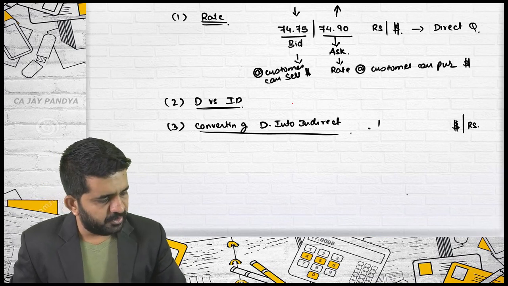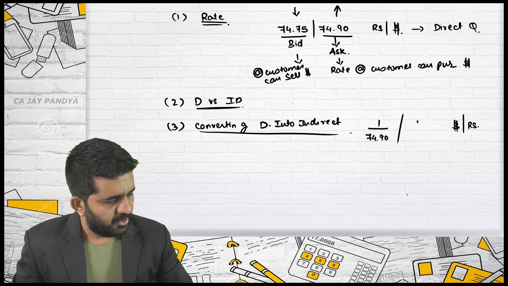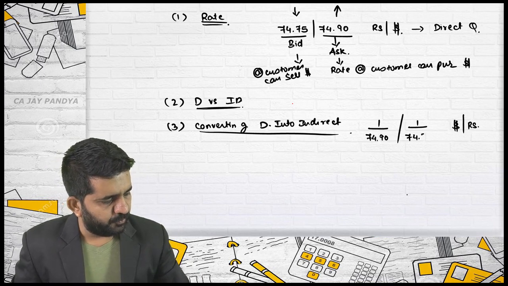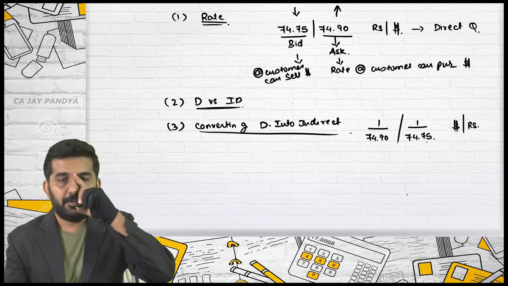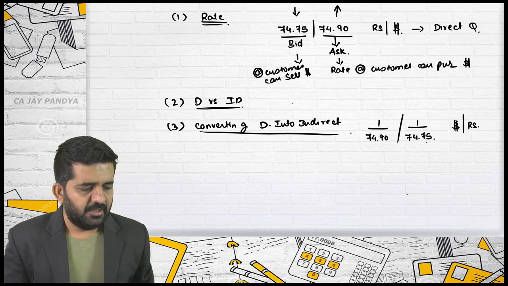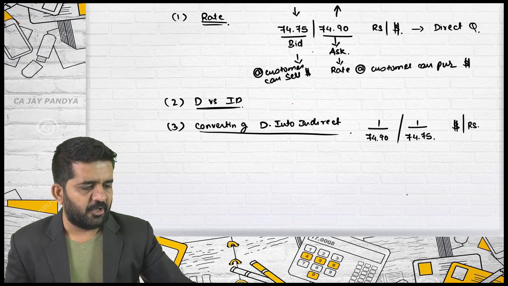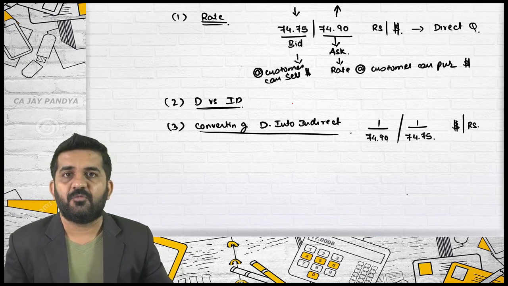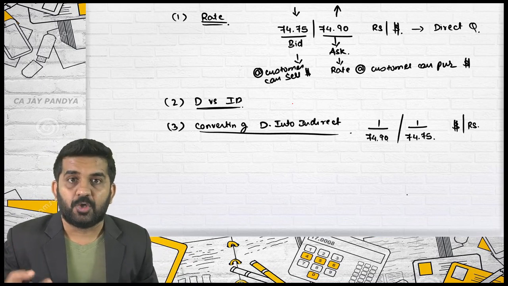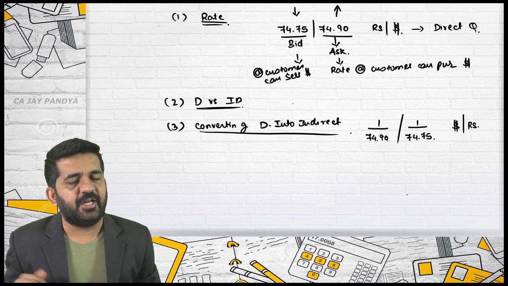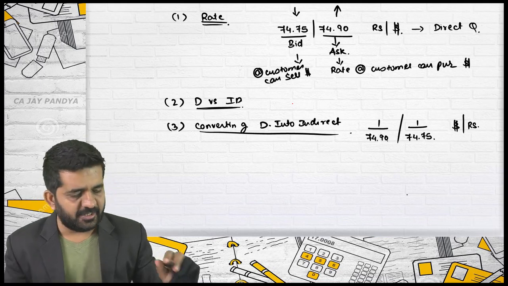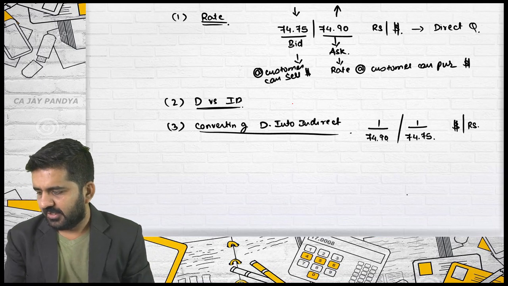And the quote will be 1 divided by 74.90 slash 1 divided by 74.75. This is converting direct into indirect. As I told you, ask will become the denominator of bid and bid will become the denominator of ask. The rate is reciprocal. So, it is converted from direct into indirect or indirect into direct. The conversion process remains the same.